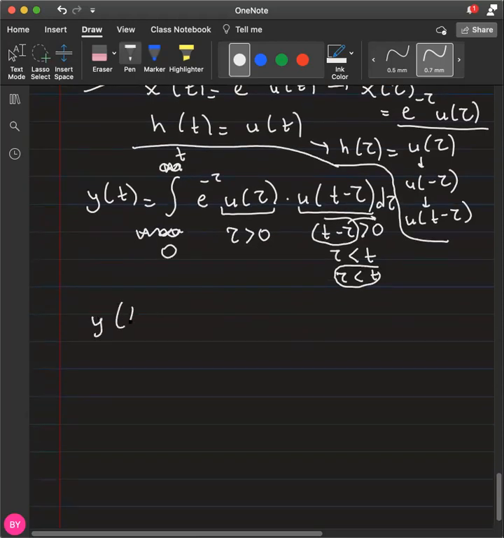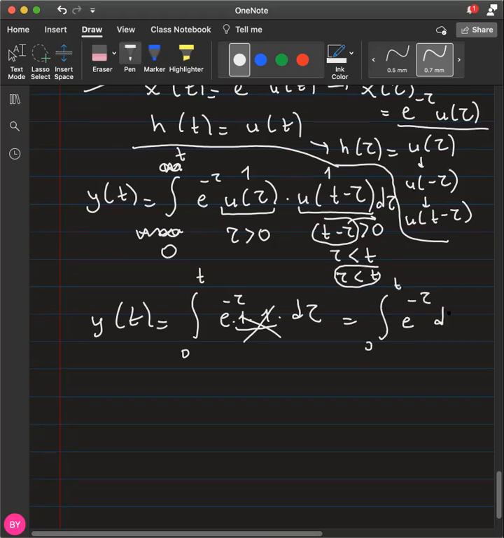y of t is equal to, from 0 to t, my integral variable is tau, so it should be e to the power minus tau times 1 times d tau, okay? This is 1 in this interval, so I can easily neglect these and then obtain the integral from 0 to t of e to the power minus tau d tau. Okay, easy, right?